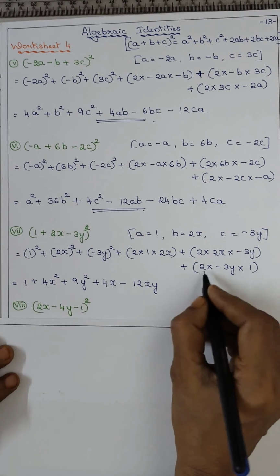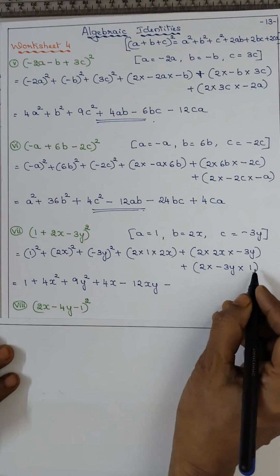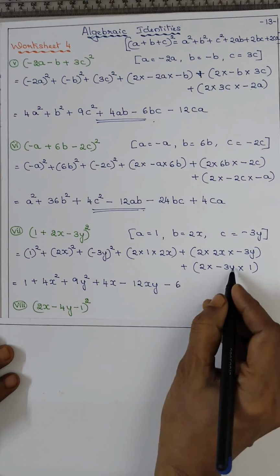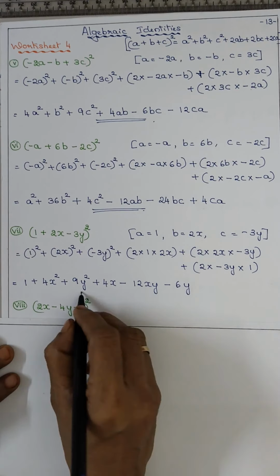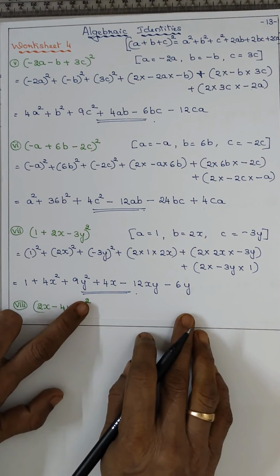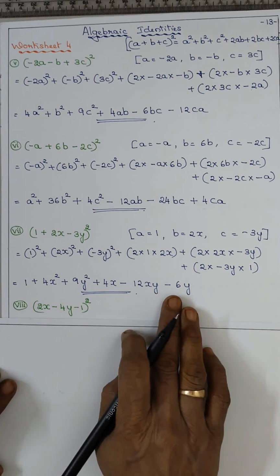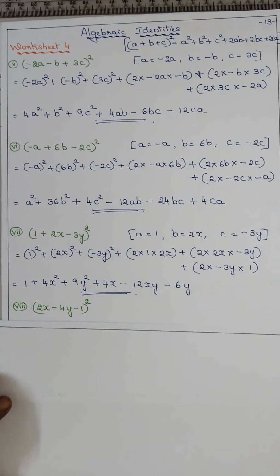Now 1 negative, so minus, 2 3s are 6, 1s are 6y. So the answer is 1 plus 4x squared plus 9y squared plus 4x minus 12xy minus 6y.